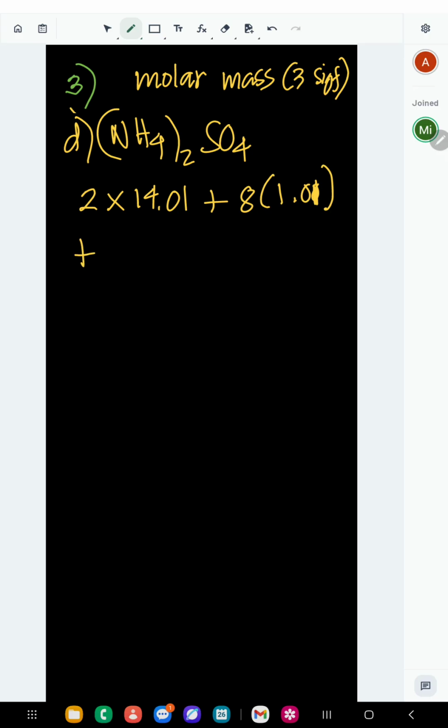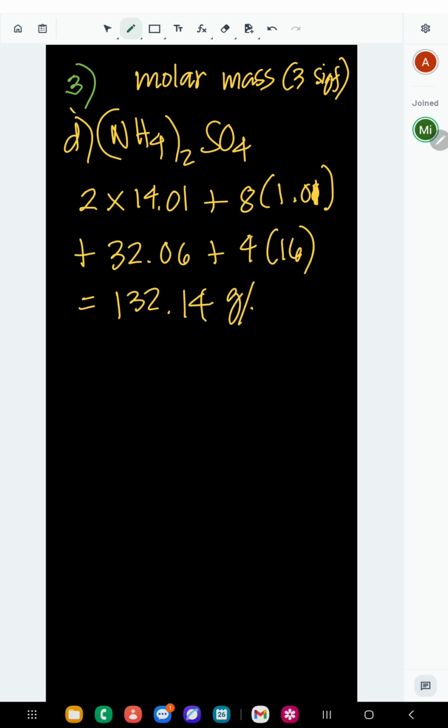Then for sulfur, you have 1 times 32. And then for oxygen, you have 4 times 16. All right, so it's the same. I got 132.14 grams per mole. But for 3 significant figures, you can just round this off to approximately 132 grams per mole.